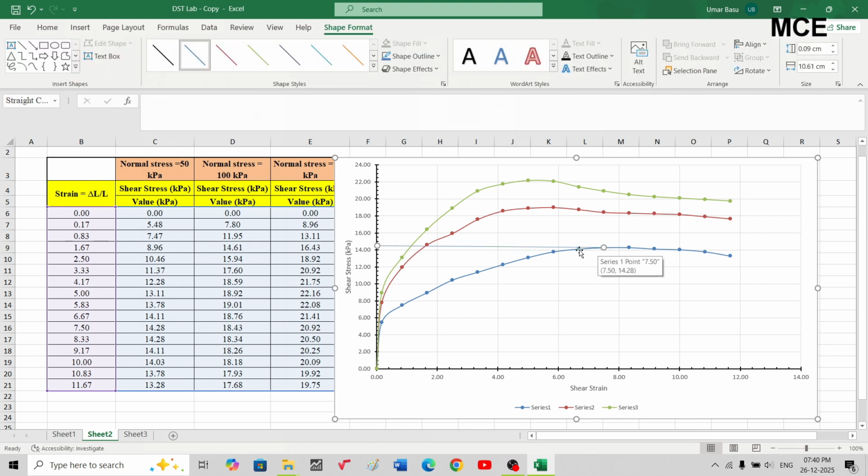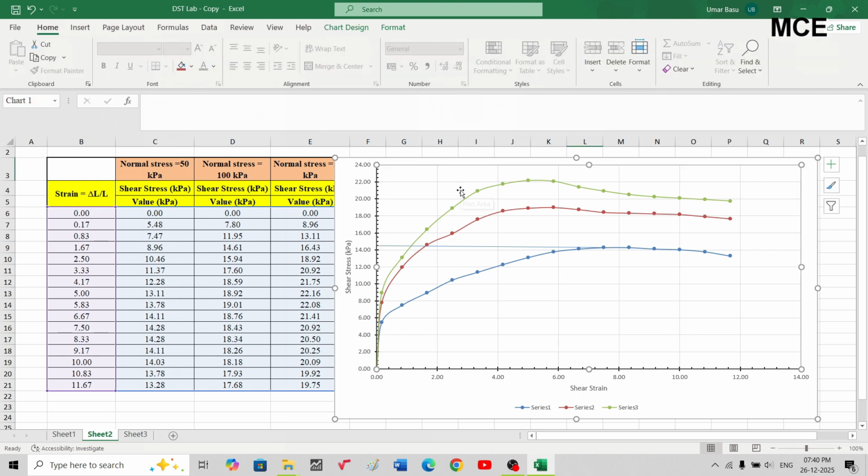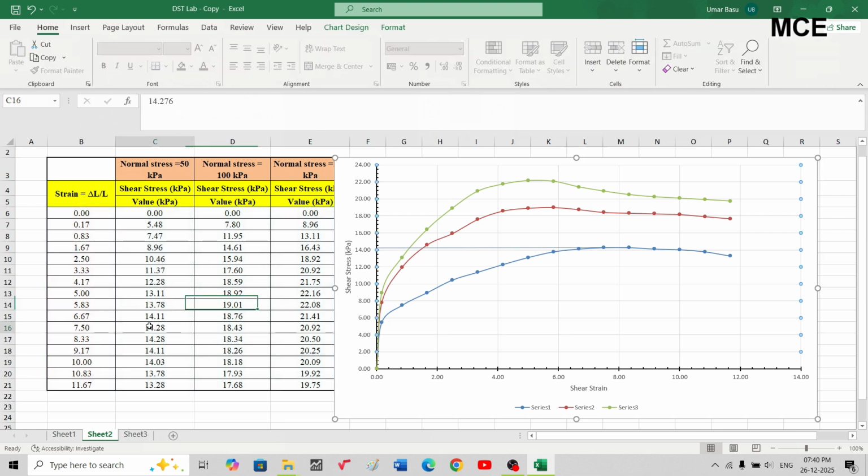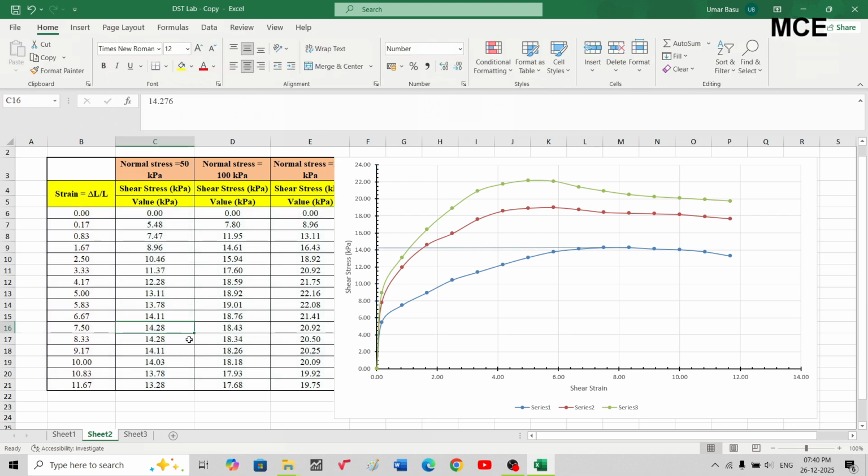This is the peak value. Make it a bit more straight. So approximately 14.28 is the peak value.